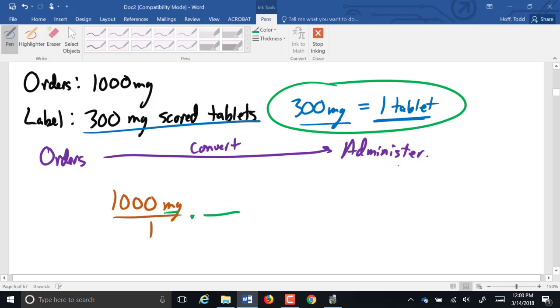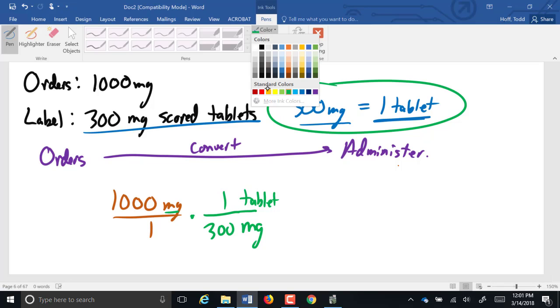Well, the doctor's orders are in milligrams. That's what we're getting rid of. So milligrams go on bottom here. It's going to be the tablets on top. 300 milligrams is equal to 1 tablet.